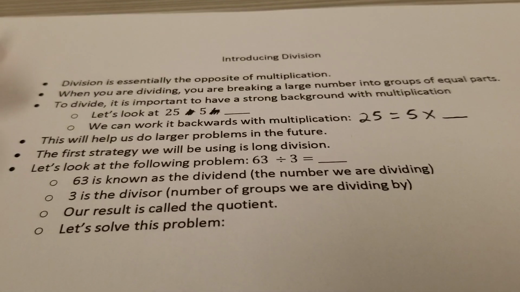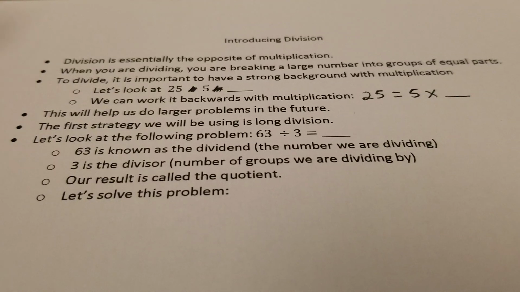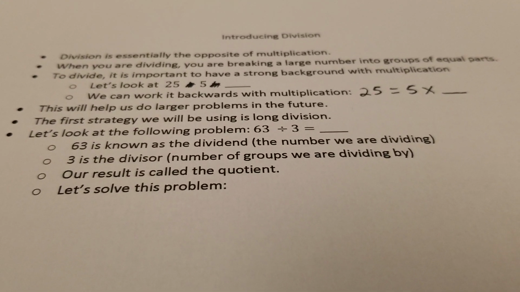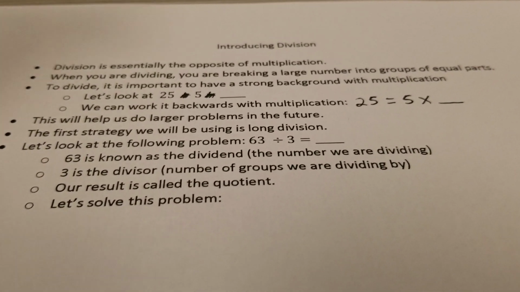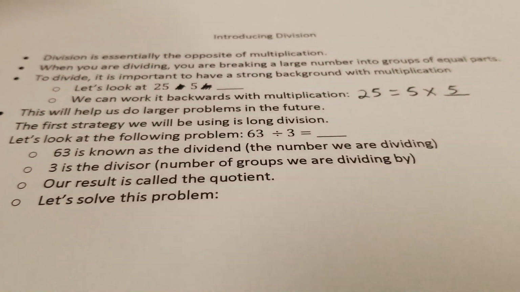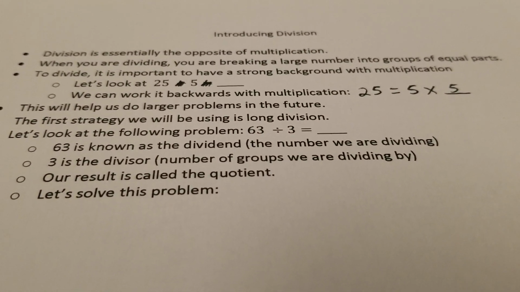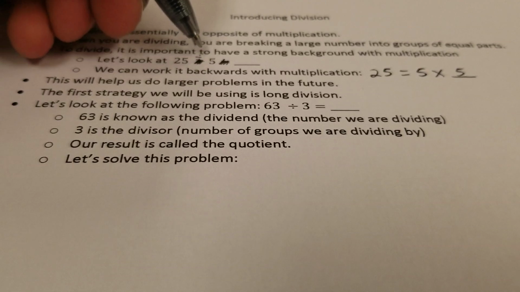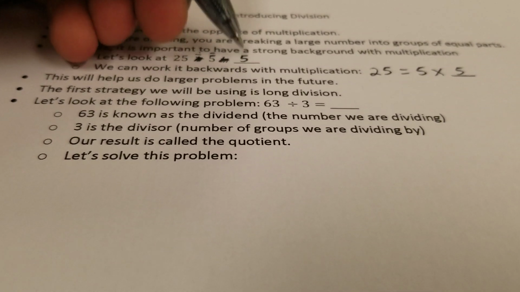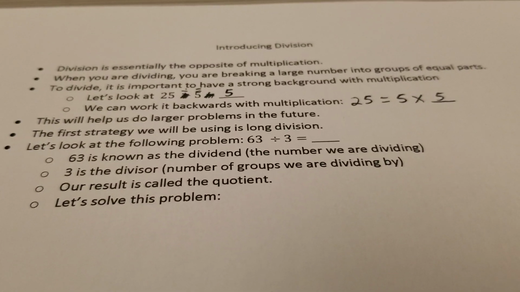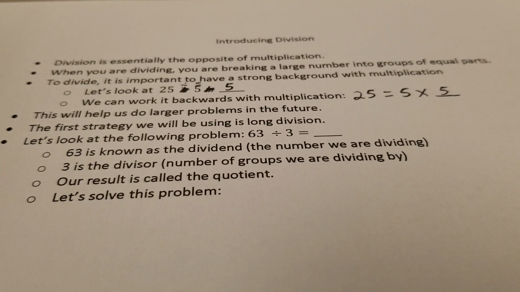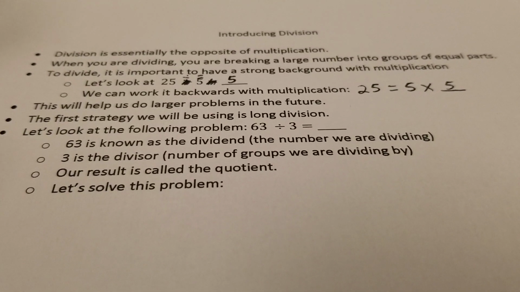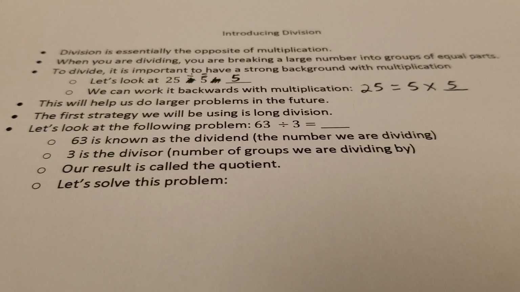Now it looks like our missing factor multiplication problem. So if you think about it, 5 times, I think it's 5, would give you 25. So logically, 25 divided by 5 results in 5. And that's using your fact families. This type of strategy will help us do larger problems in the future.